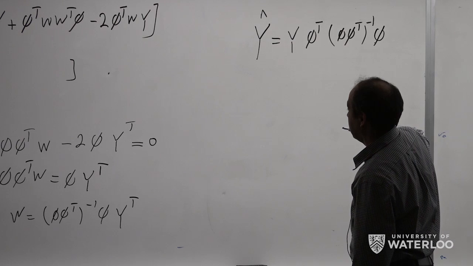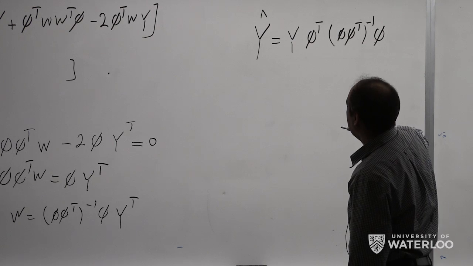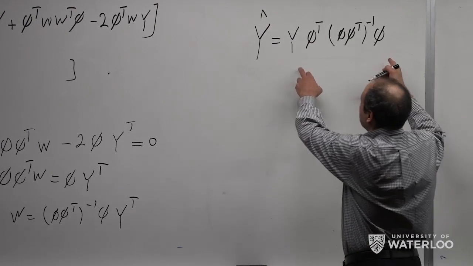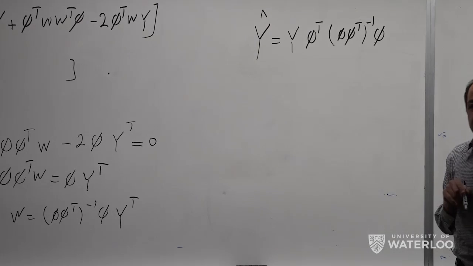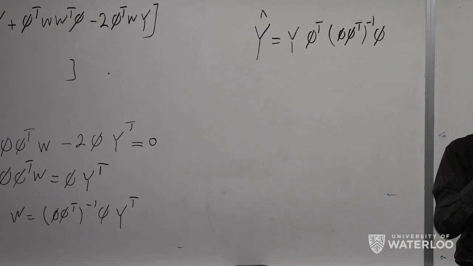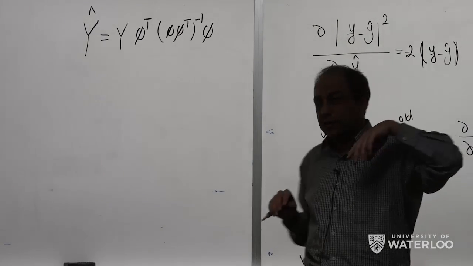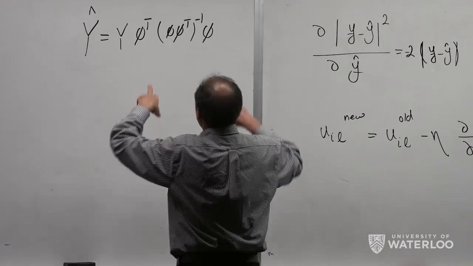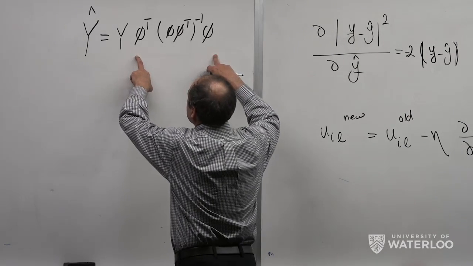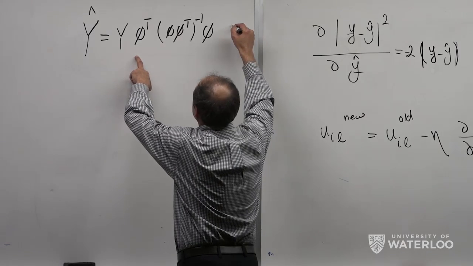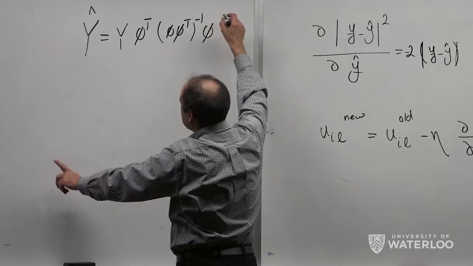Okay. It would be something in this form, or maybe the transpose of this times y. So you have to look at this matrix manual to make sure that the transpose is correct. I think y should appear on this side.